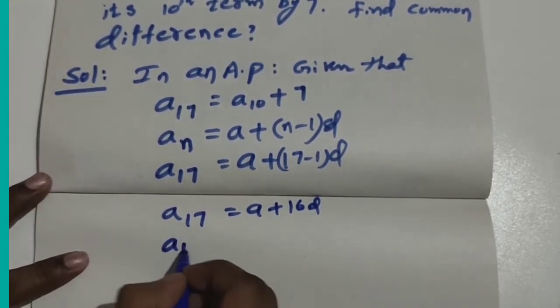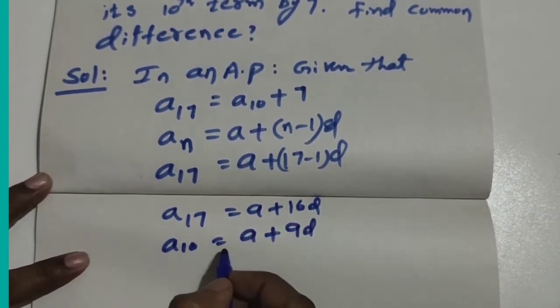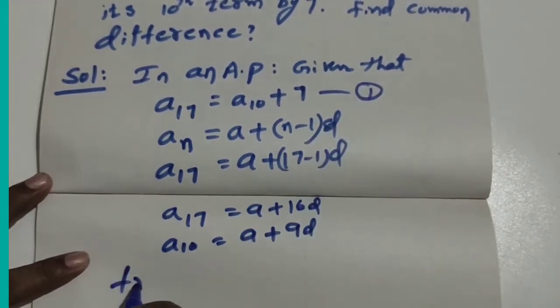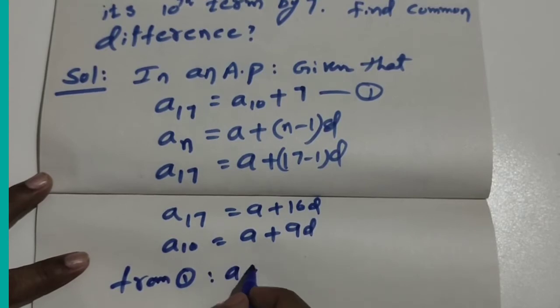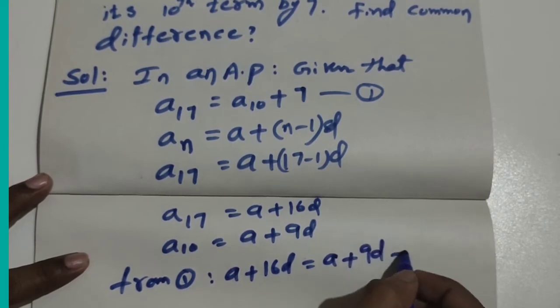Now similarly A10 is simply A plus 9D. So from 1, we can write A plus 16D is equal to A plus 9D plus 7.